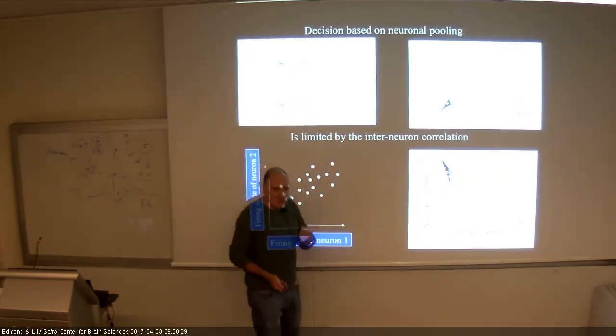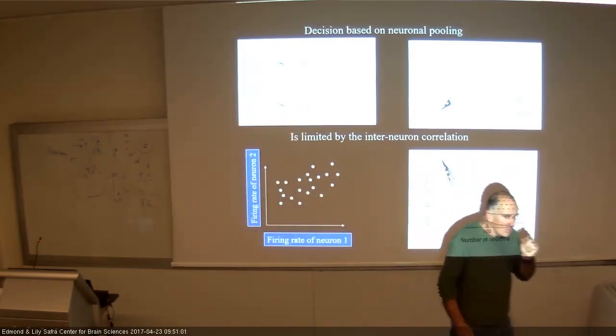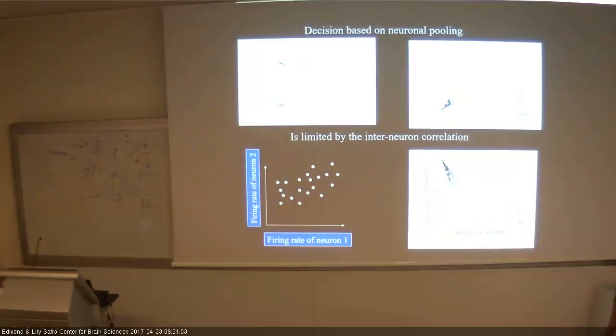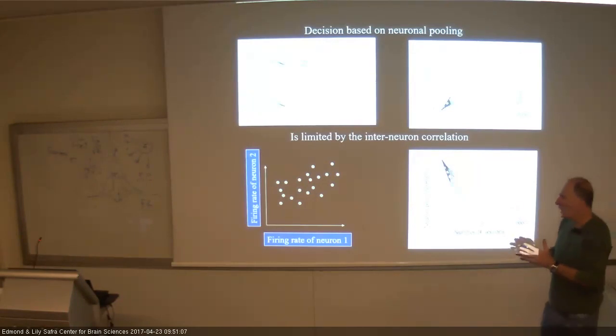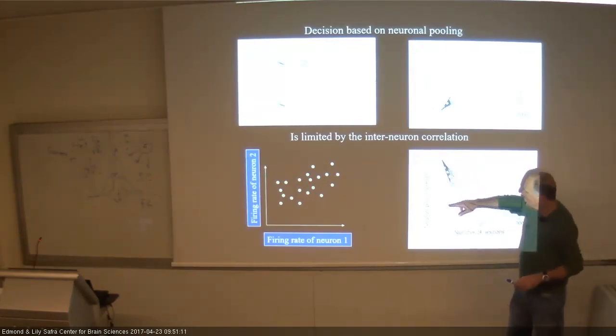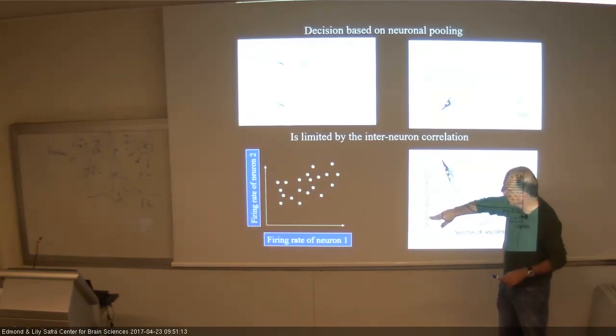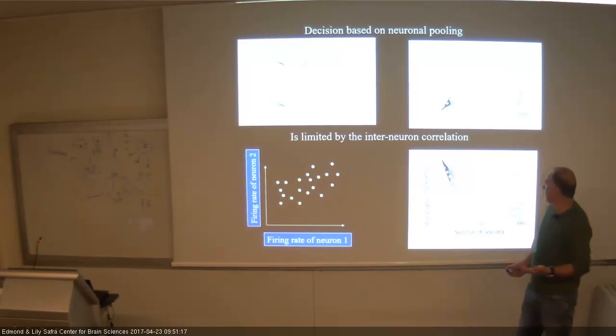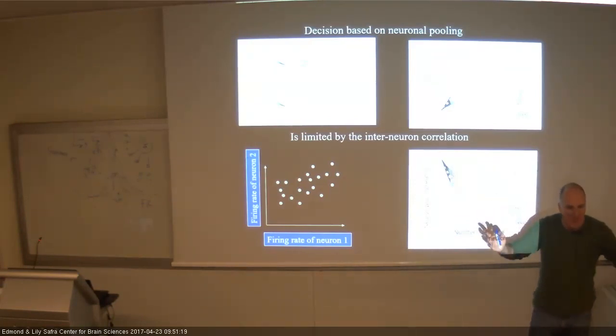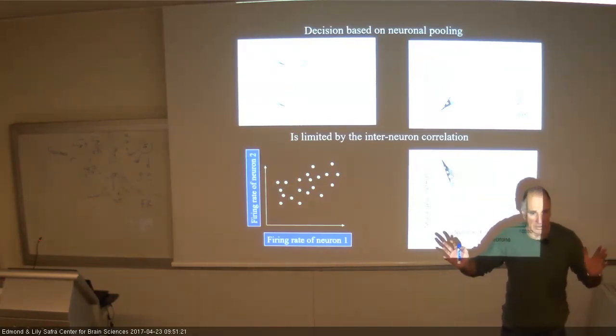Okay? So the question is, if the neurons are correlated with one another, let's think about this intuitively. We expect that the higher they're correlated, the stronger the correlation will be between the individual neuron and the pool. So think about it this way. If they're completely correlated, okay?